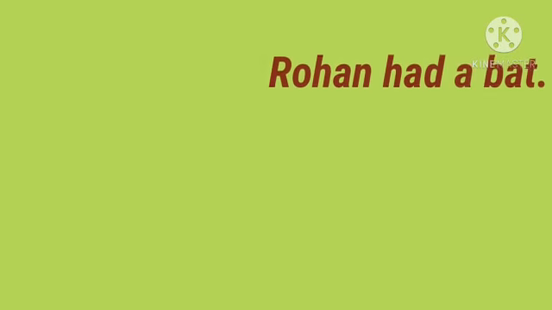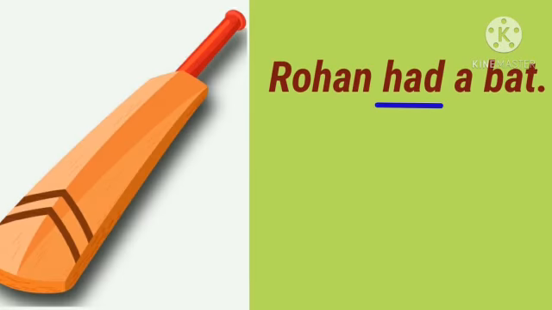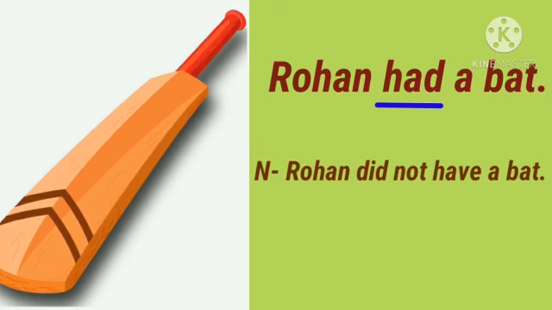Rohan had a bat. Its negative one will be what? Yes, Rohan did not have a bat. Now students, make it interrogative quickly. You have already understood the process. Yes, we have to change the position of did and place it in the beginning.